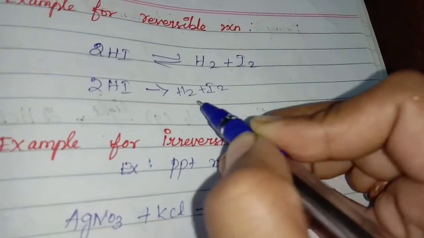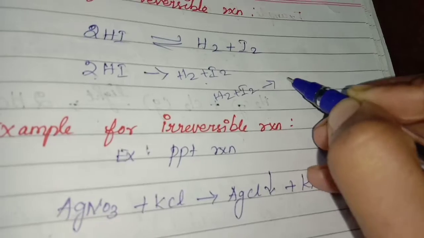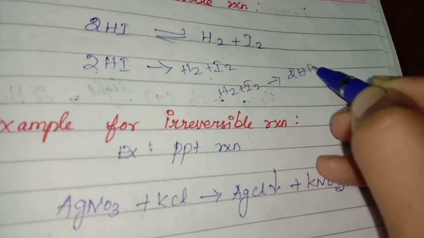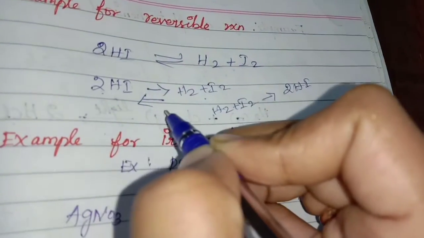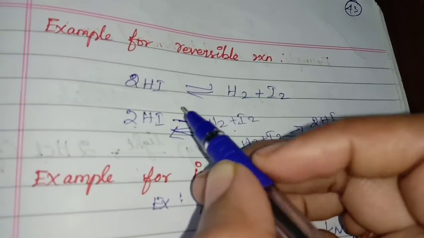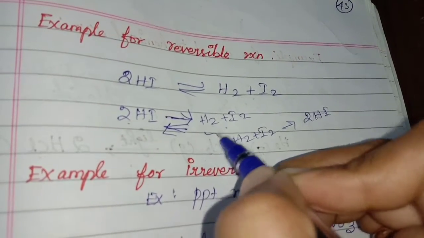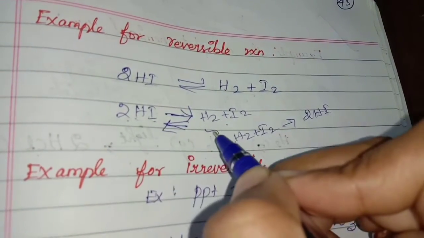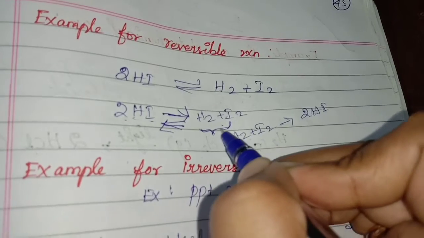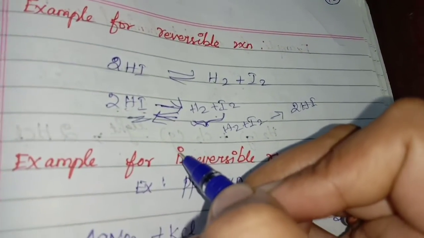Then again we take the reactants H2 plus I2, and it gives 2HI. So the forward and reverse reactions take place. These two reactants give these two products, and again these two products react with each other and give the reactants. So this is known as a reversible reaction.